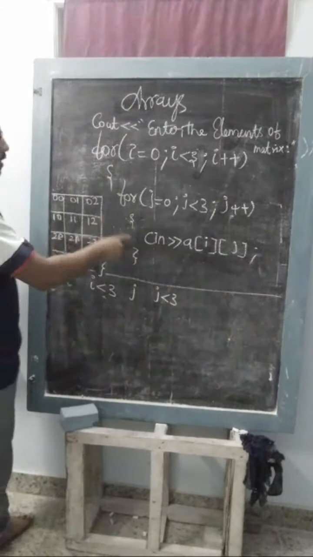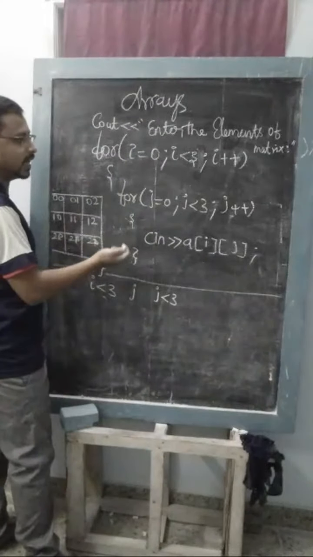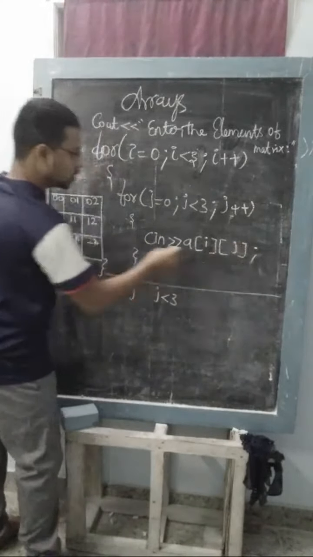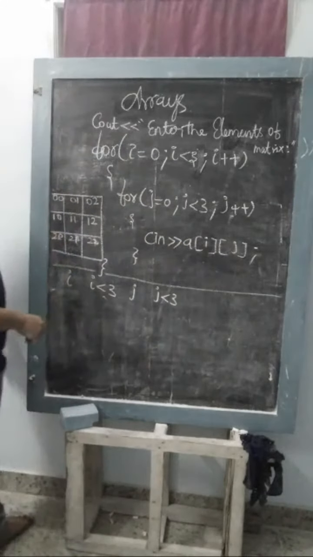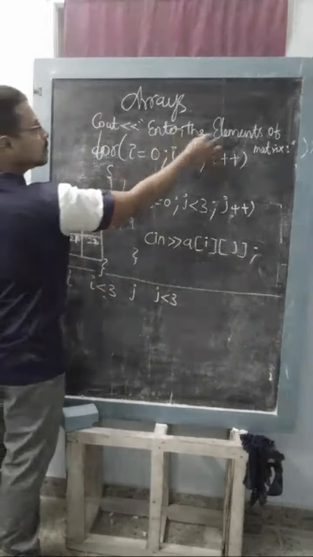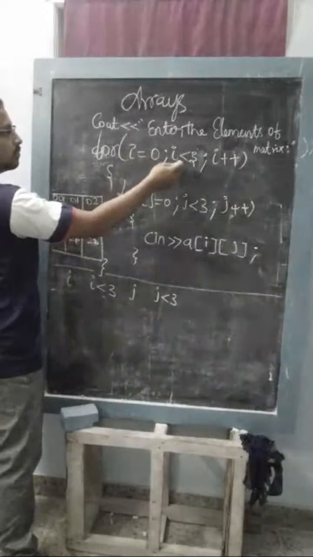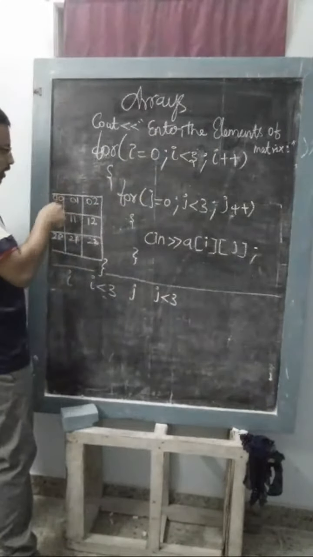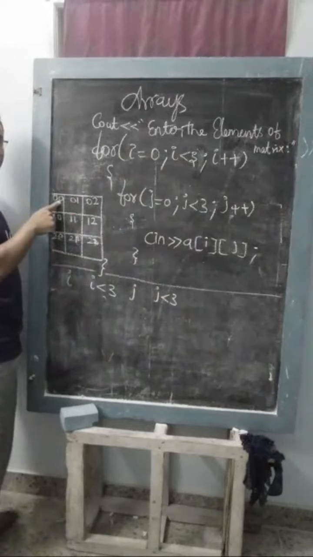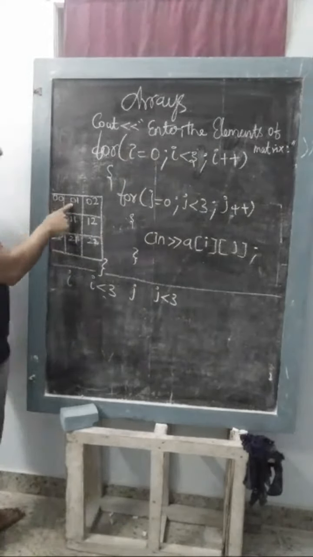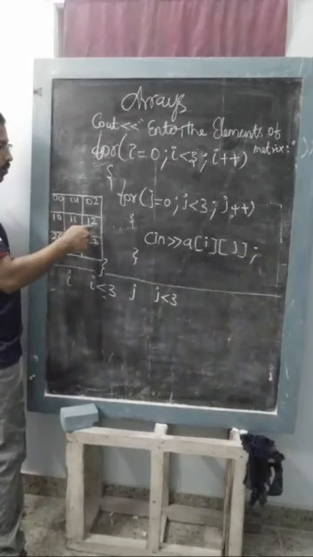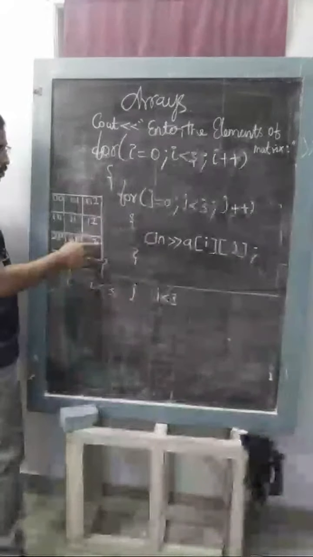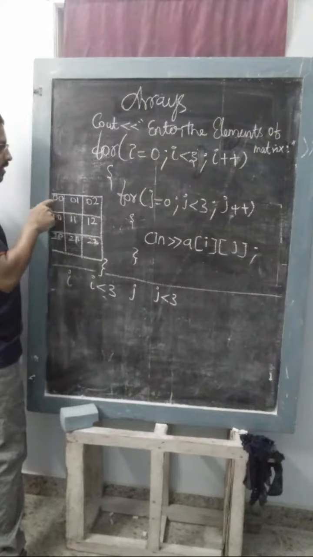We are going to get a value and store it in a particular array. First of all, enter the elements of the matrix. We get the elements and store them in the variable. The positions are 0,0; 0,1; 0,2; 1,0; 1,1; 1,2; 2,0; 2,1; 2,2. Why do we store like that, starting with 0,0?